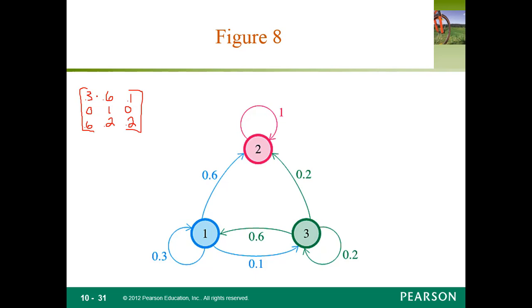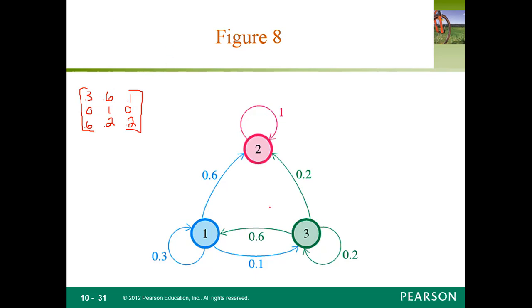The matrix shows that P12, the probability of going from state 1 to state 2, is 0.6, and that P22, the probability of staying in state 2, is 1. Thus once state 2 is entered, it is impossible to leave. For this reason, state 2 is called an absorbing state.